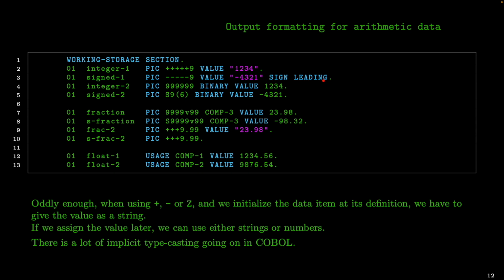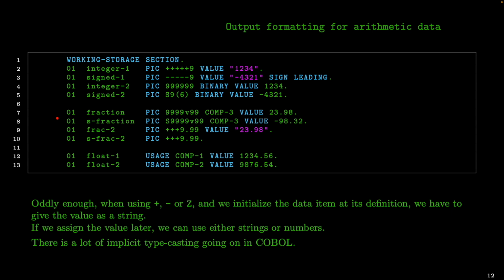I use the sign leading modifier to make sure that when I print signed 1, the minus sign will be on the left, not on the right, which would be the default, as we have seen. Yeah, so this is defined as before, a 6-digit binary number. So here I just say binary without the usage clause, just to have it a bit shorter. And then there's sign 2, defined as a binary as before.